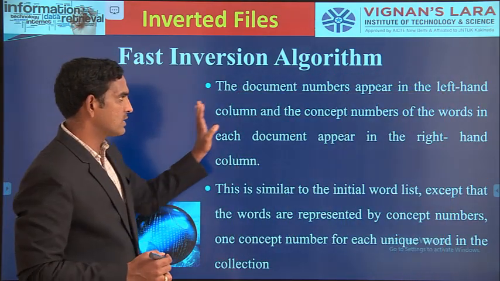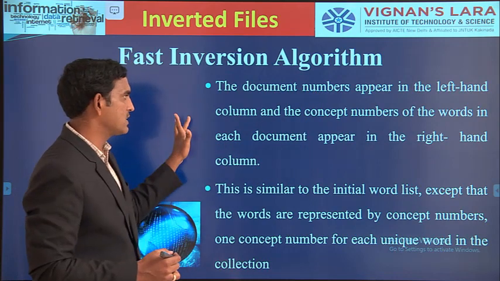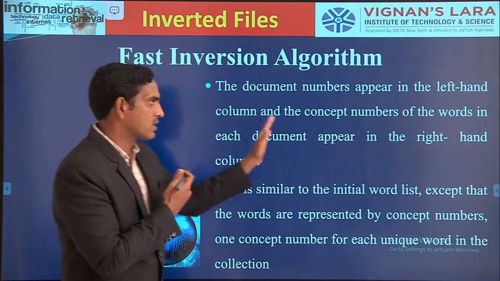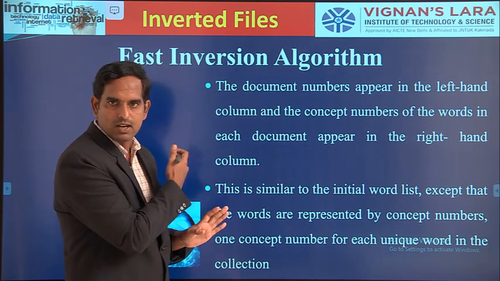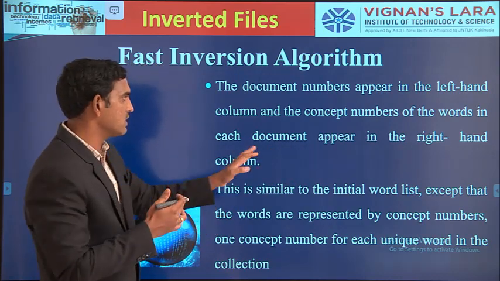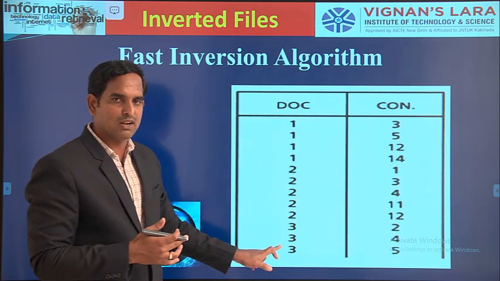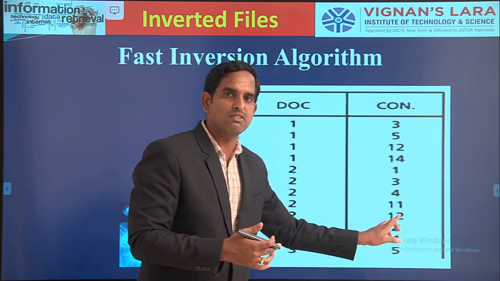As you can see, the document numbers appear in the left hand side column, and the concept numbers of the words in each document appear in the right hand side column. As you have seen in the previous example, the document number appears on the left and the concept number on the right.